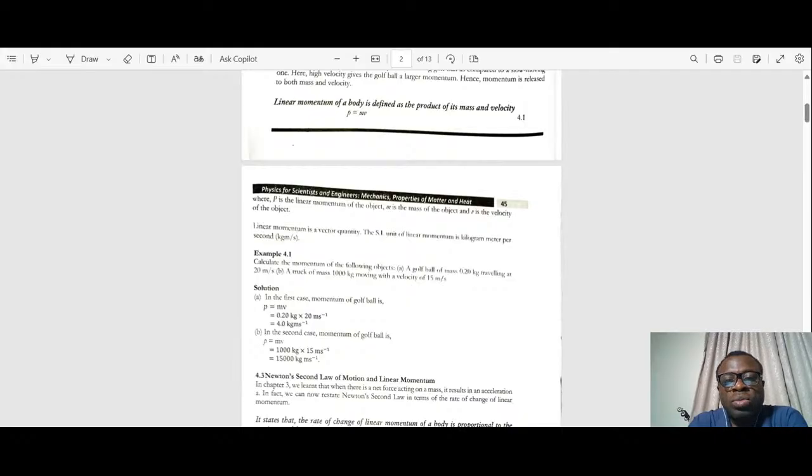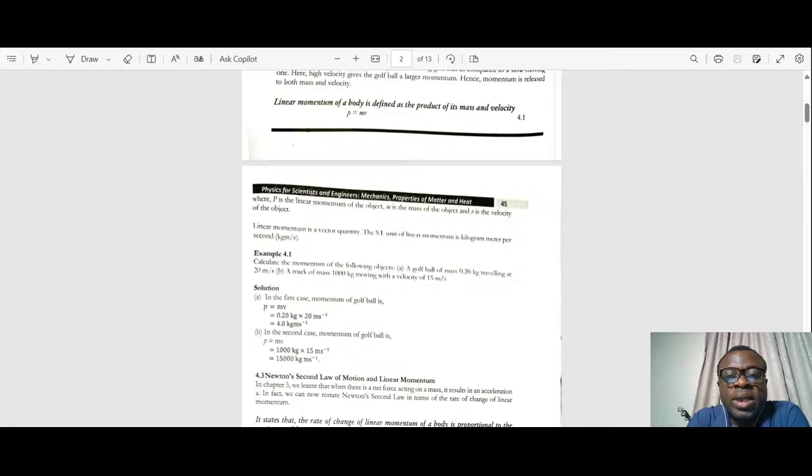Calculate the momentum of the following objects. A, a golf ball of mass 0.20 kg traveling at 20 meters per second. B, a truck of mass 1000 kg moving with a velocity of 15 meters per second.